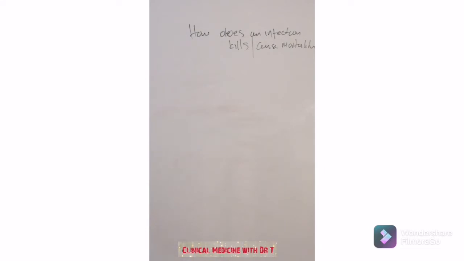Guys, as we all know, infections are dangerous, they are very dangerous, and how brutal they are also depends on a lot of things. There are so many other factors that play a role, like the age of the patient.